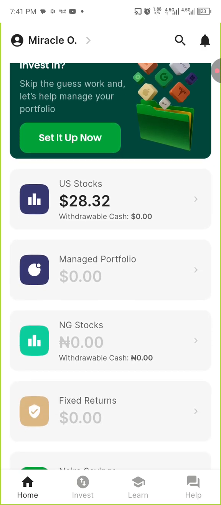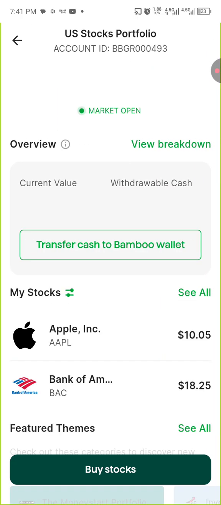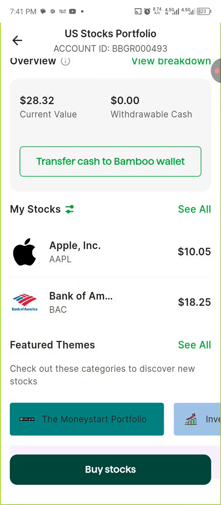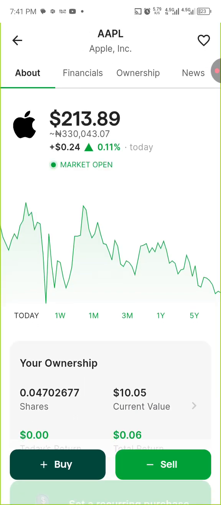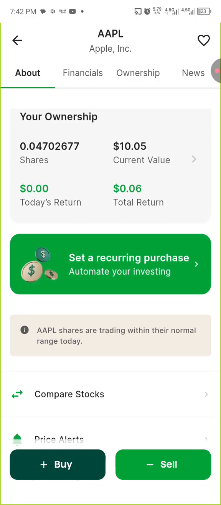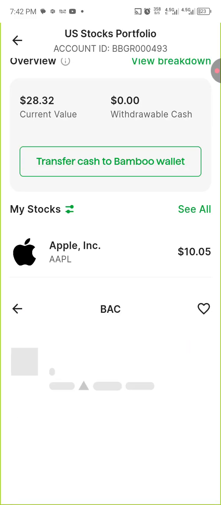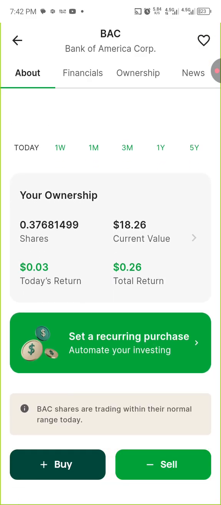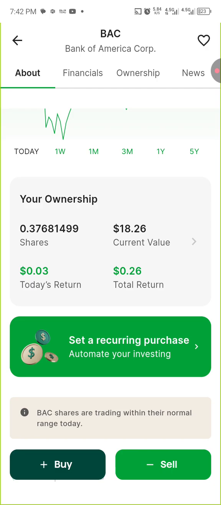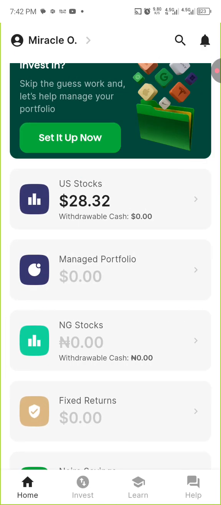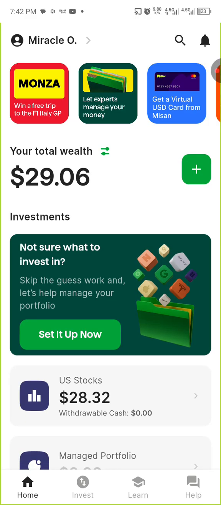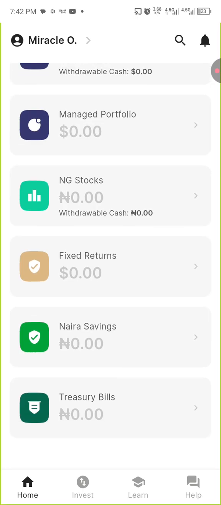As you can see, I have some stocks with Apple and Bank of America, and this is my returns for now. I have about $0.06. So this is how you can check. I have about $0.26 now. Like I said, with Bamboo you have to leave it quiet, allow it to appreciate, guys, and you will get back your money.